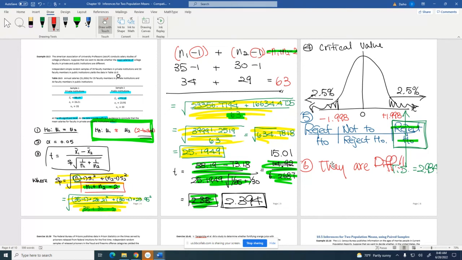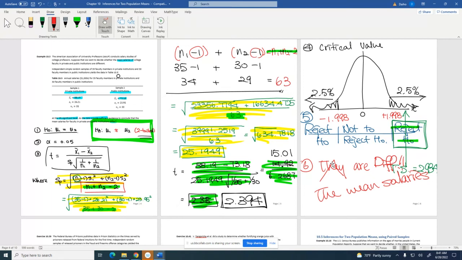What they? The mean salary. The mean salaries are different. I want to say unfair. It's unfair.